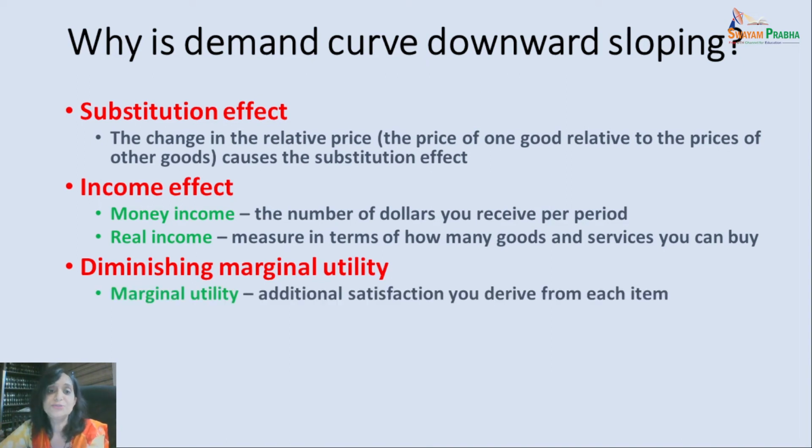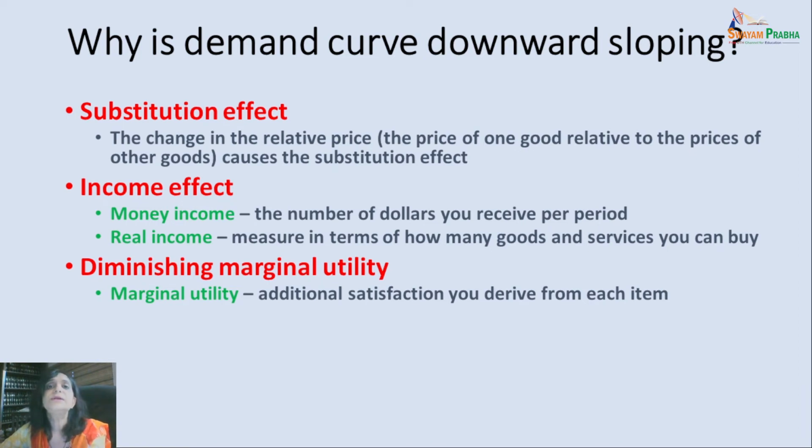The third reason for the downward slope of the demand curve is diminishing marginal utility. What is marginal utility? Utility basically means satisfaction. Any additional satisfaction which you derive from an extra item being consumed is marginal utility. If you are eating one biscuit, you get some satisfaction. You eat another biscuit, the second biscuit, and that will again change your satisfaction.